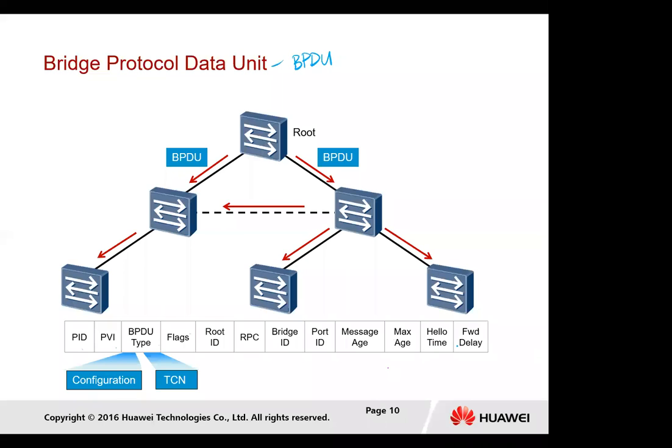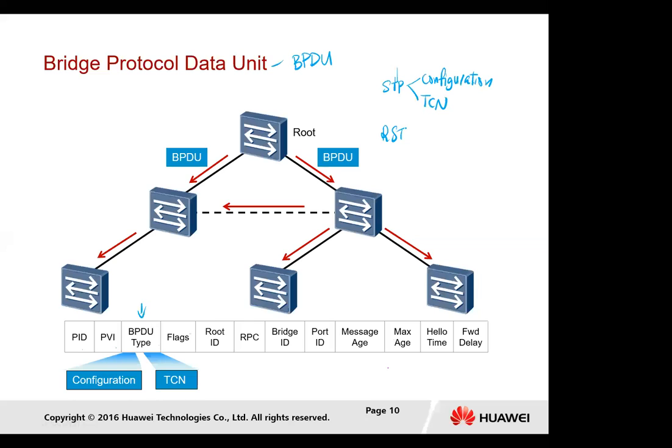But the most important inside the BPDU, first, is the type. What BPDU type are you using? When you talk about spanning tree, there are 2 different types of BPDU: configuration as well as topology change notification.